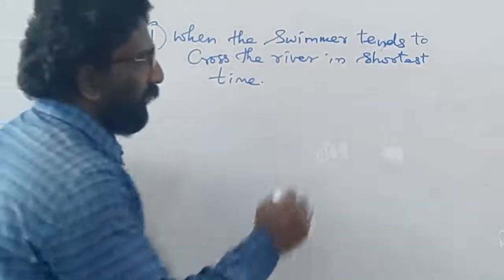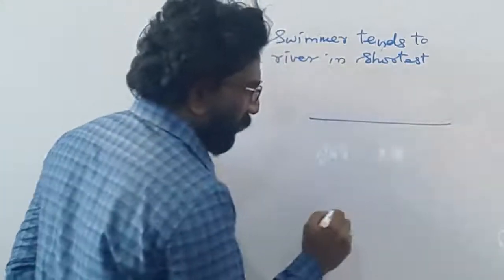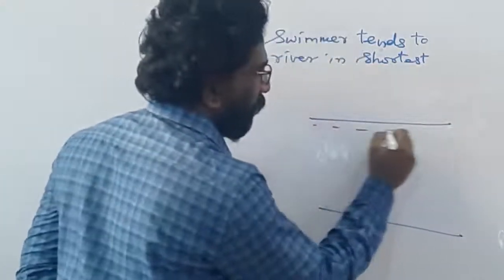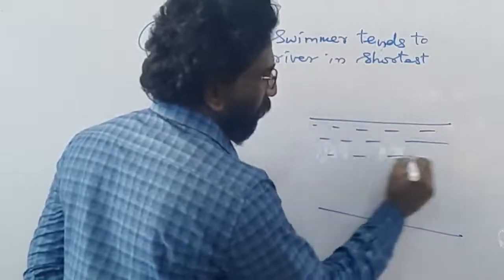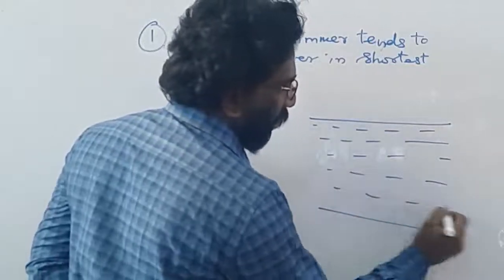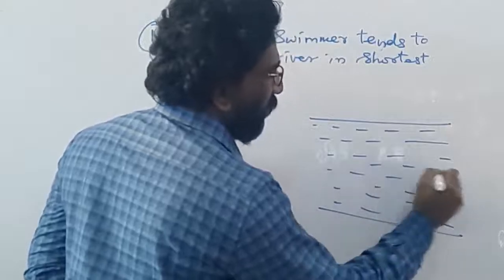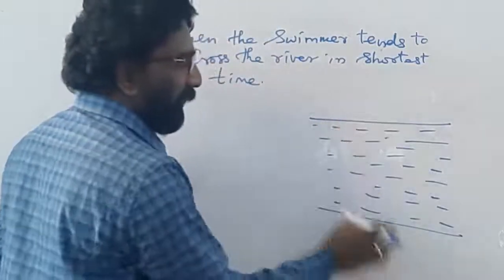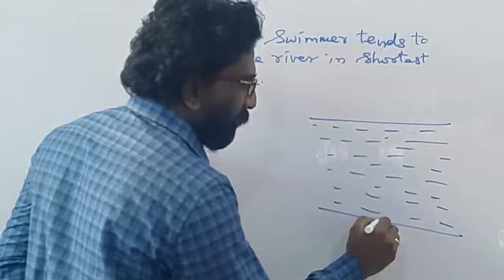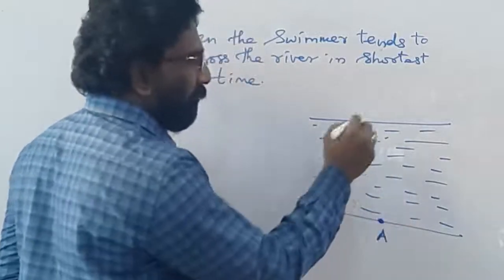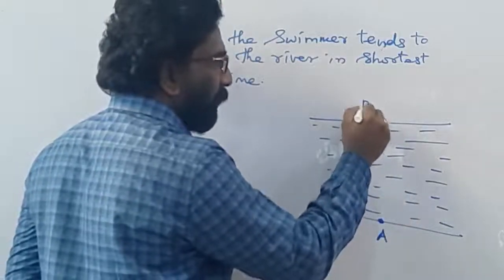So see now, let me assume this is my river. Assume that this is one bank of the river and another bank of the river, and let the point A be on the bank A, point B on the bank B.